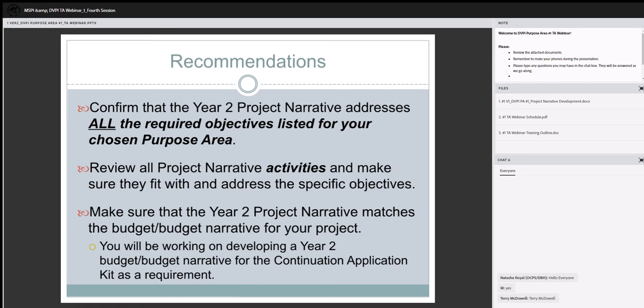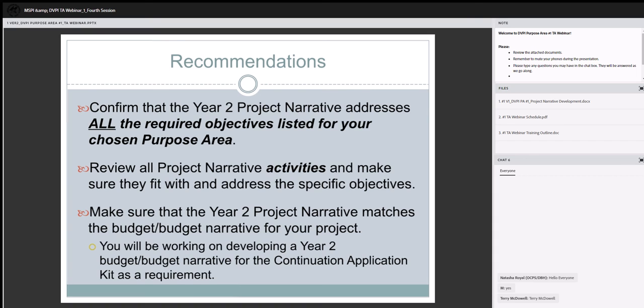There's a checkoff sheet tool specific to DVPI, Purpose Area 1, like I said, on the File section to the right of the slides. Download that and utilize it. It'll help make sure that you stay on track with your project narrative. Let's see.